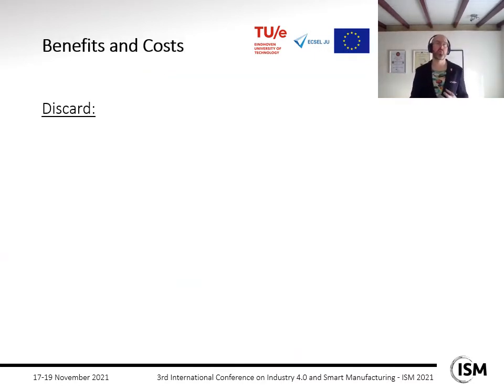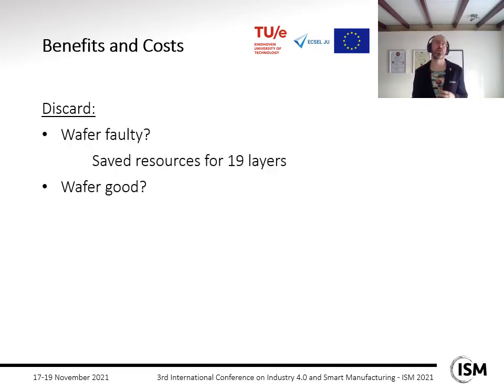Because we rely on predictive models to decide on whether or not to discard a wafer, there are 2 things that can happen if we discard it. Either we discard a faulty wafer, in which case we save on resources that we would have otherwise spent on finishing the additional 19 layers, or we can make the incorrect decision to discard a wafer which was at that point still good.